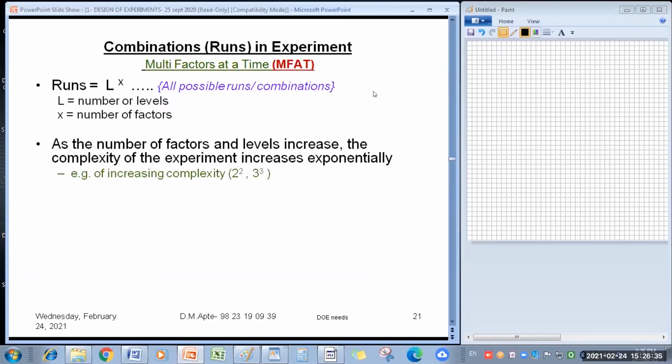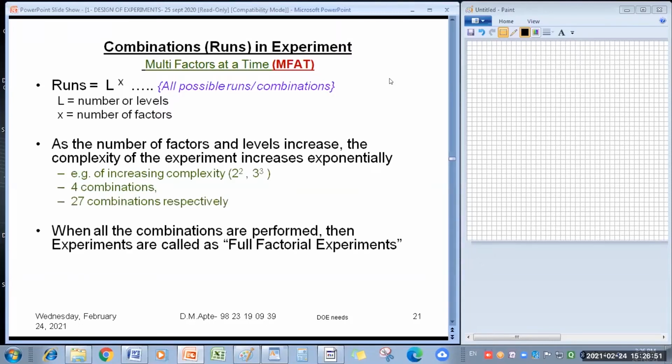Now, look here. As the number of factors and levels increase, the complexity of the experiment increases exponentially. 2 raised to 2, 3 raised to 3. So complexity increases exponentially. Now, when all combinations are performed, the experiment is called a full factorial experiment.